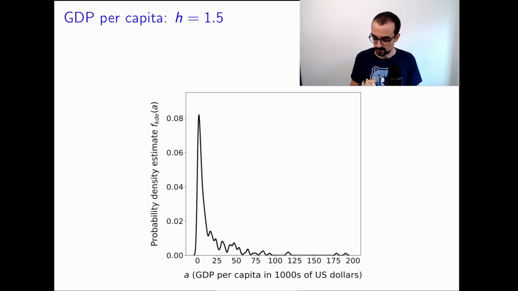This is the kernel density estimator for GDP per capita. Here we can clearly see that when we don't have a lot of data, we're going to see these bumps, which are the individual copies of the kernels, which are copied at each value of the data point. So there's a data point there that is Monaco and another one that is Liechtenstein. We see them clearly.